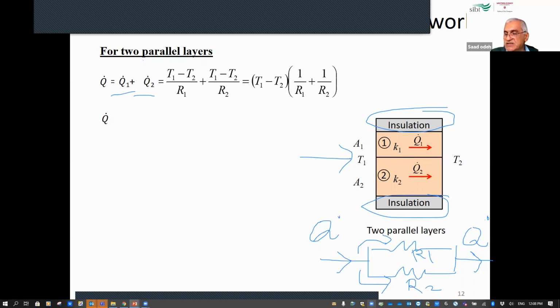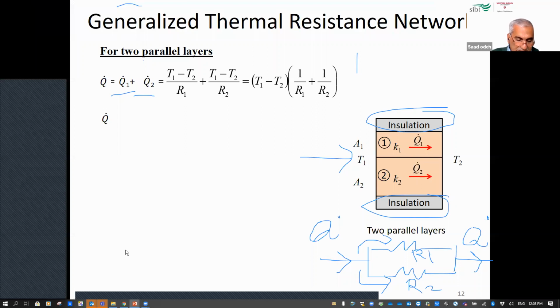Now in a parallel circuit, what's the R total? Do you remember the equation for R total in a circuit? In circuit design, we can say 1 over R total is equal to 1 over R1 plus 1 over R2.